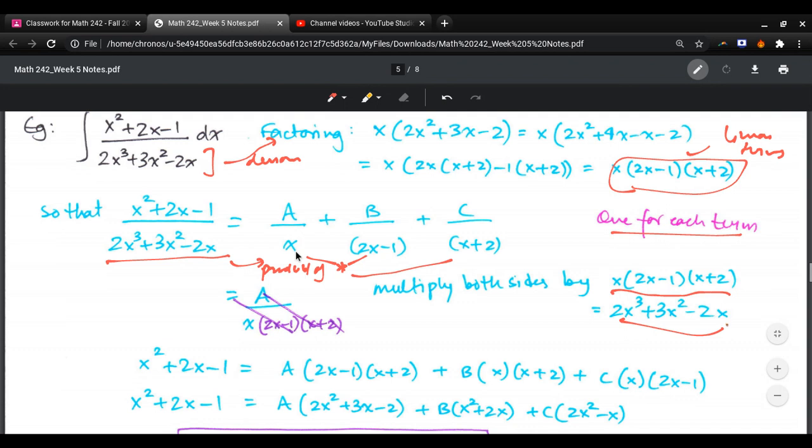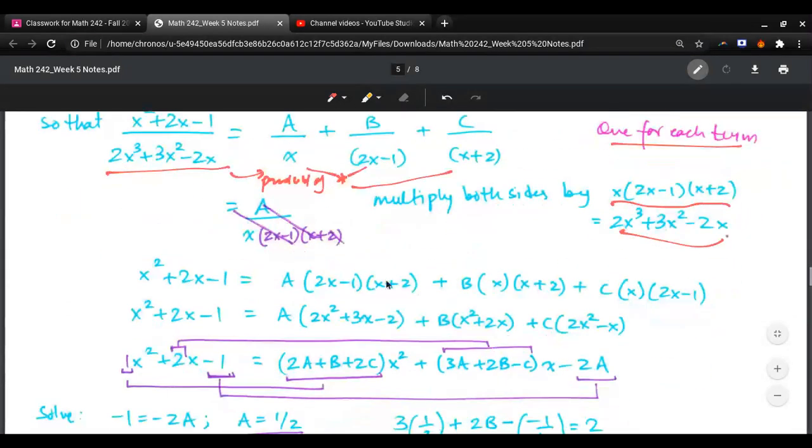Now A has an x on the bottom, so when you multiply, the x factor gets cancelled, and you're left with (2x minus 1)(x plus 2), similarly for B and C. Then you FOIL out, and you collect similar terms, meaning you collect all the x squared terms together, all the x terms together, and all the constants together.